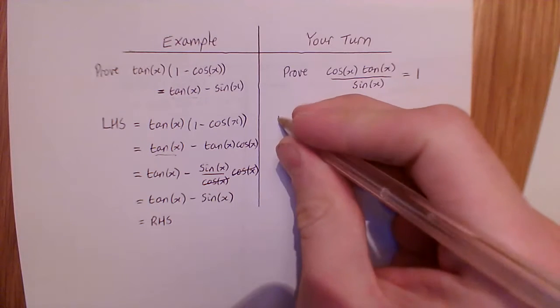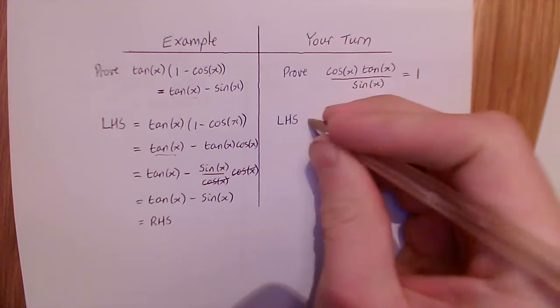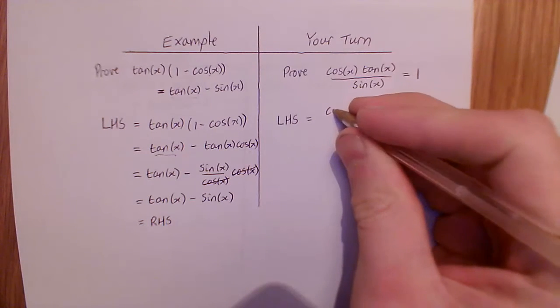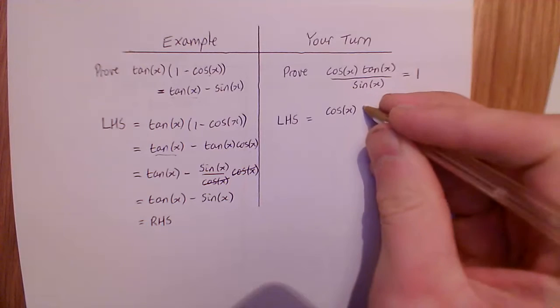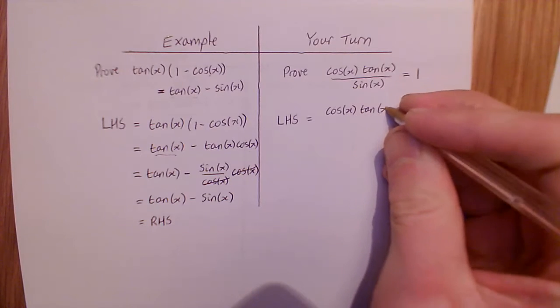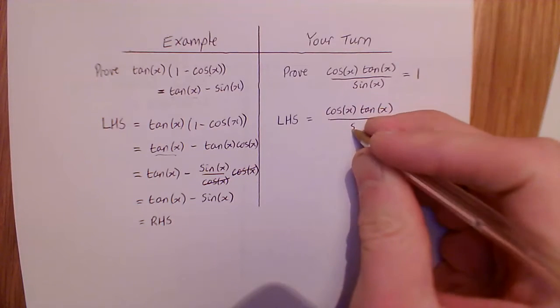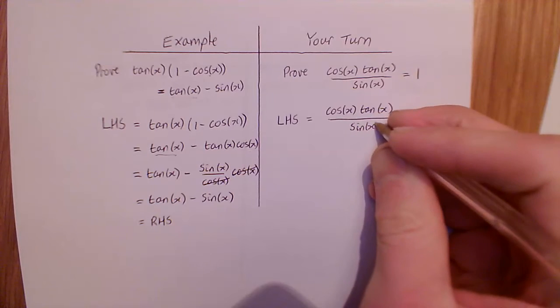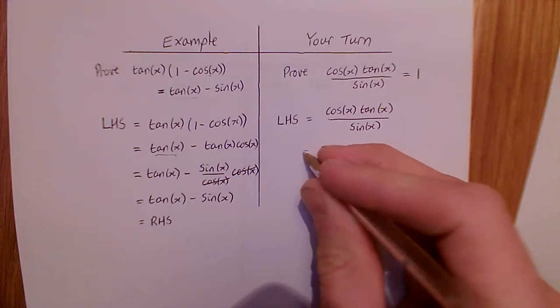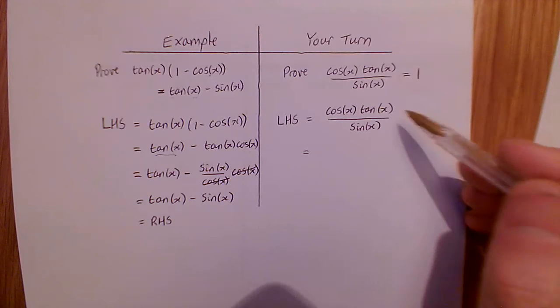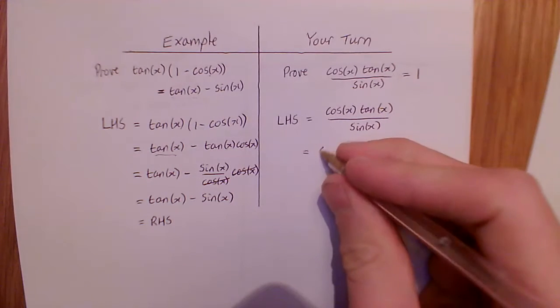Okay, hopefully you've had a go. Again, we're going to start with left-hand side equals. Well, the left-hand side is cos x tan x all over sine x. There's not much I can do to start this question except change the tan x. So let's do that.